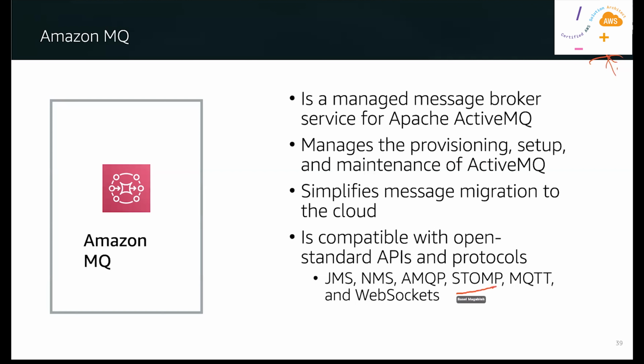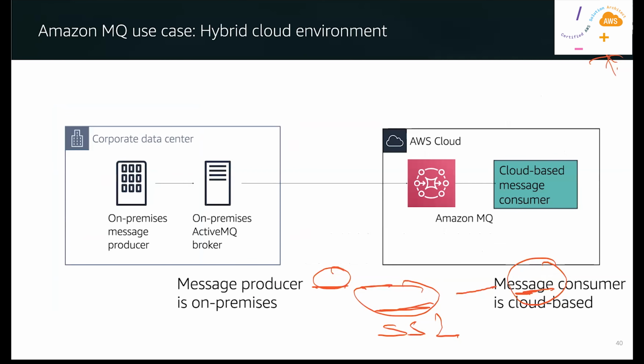This is for the WebSocket and SSL layer. And MQTT is also a very famous protocol. We use it in a very popular product in the industry called RabbitMQ. With Amazon MQ, you can migrate between your message broker on a premises data center and your infrastructure in the cloud.